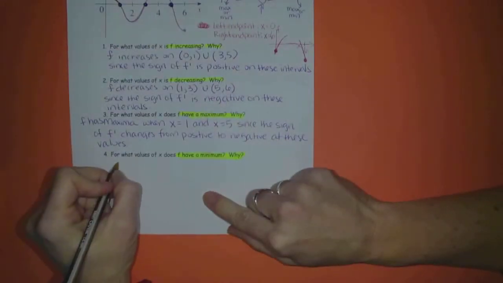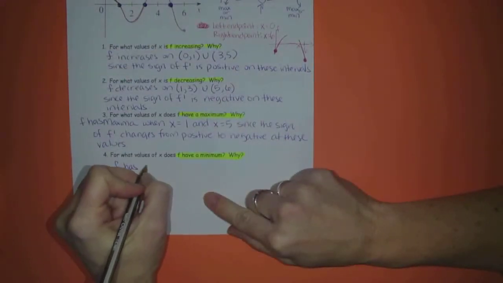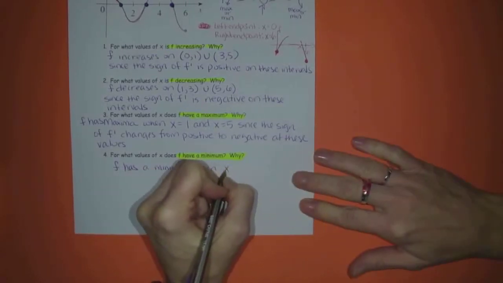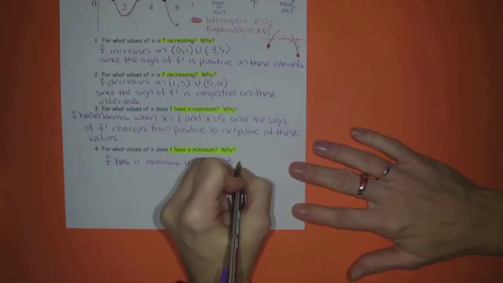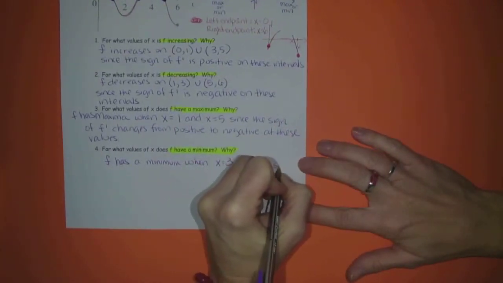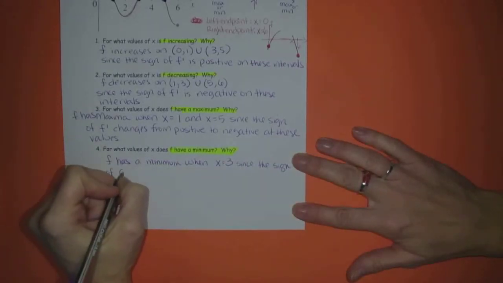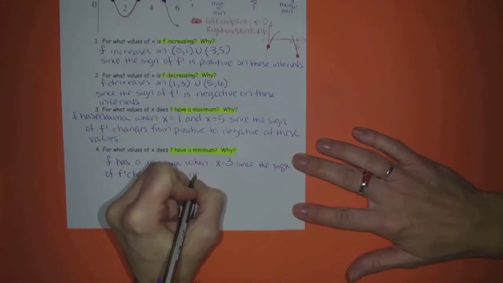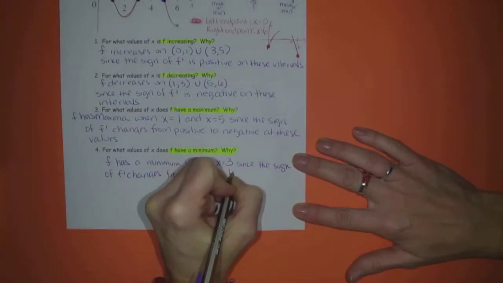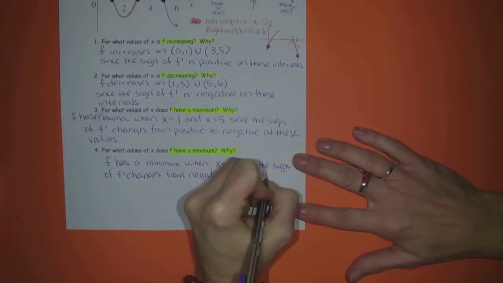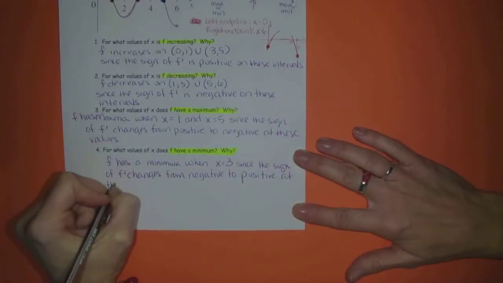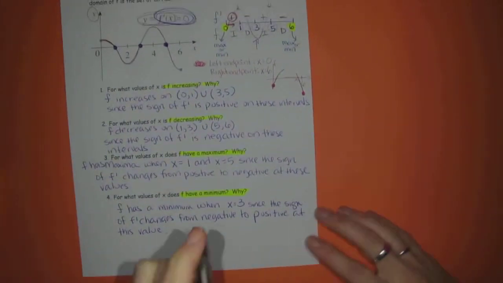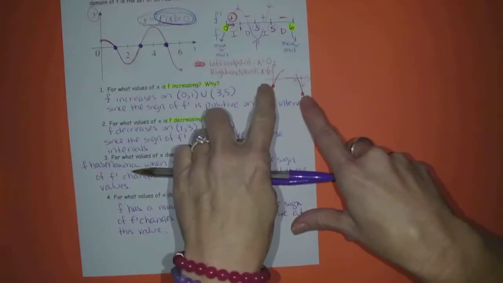So let's say that first. f has, singular, a minimum when x is 3, since the sign of f prime changes from negative to positive at this value. Okay. But we also need to state our other two mins on the endpoints.